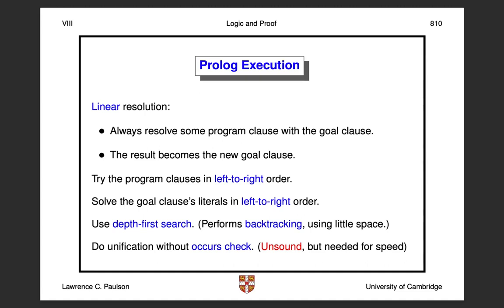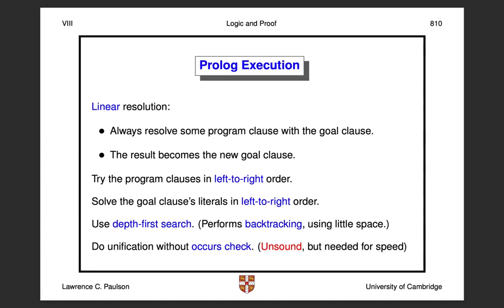And not just with any literal in the goal clause, but only with the first literal of the goal clause. So if the program clause doesn't match the first literal, you have to go to the next program clause, and so on. You keep going down until if you run out of program clauses, then you have failed, because you still have something left on the goal clause.